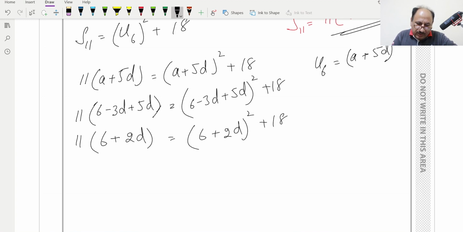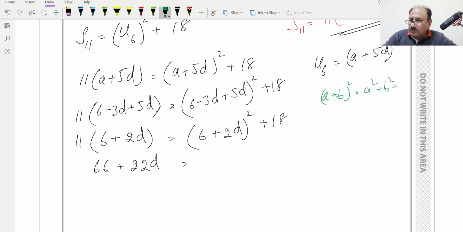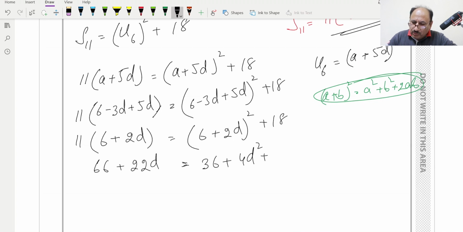Now we can open the bracket, so it will be 66 plus 22d is equal to, we can open the square, and the square formula we will be applying: a plus b squared is equal to a squared plus b squared plus 2ab. So 6 squared will be 36 plus 2d squared will be 4d squared plus 2 into 6, which is 12, 12 into 2 will be 24, so 24d plus 18.